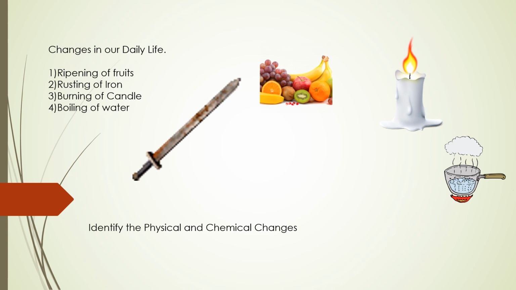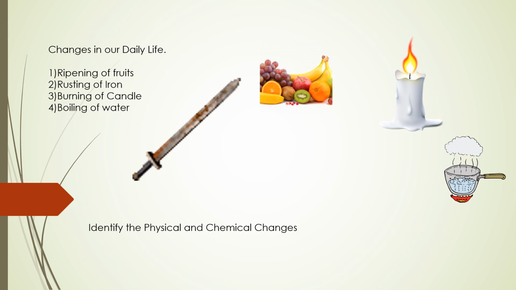At the same time, if you observe the rusting of iron, iron loses its shiny surface due to the action of atmospheric water vapor and air. So, rust is formed. A new substance is formed.